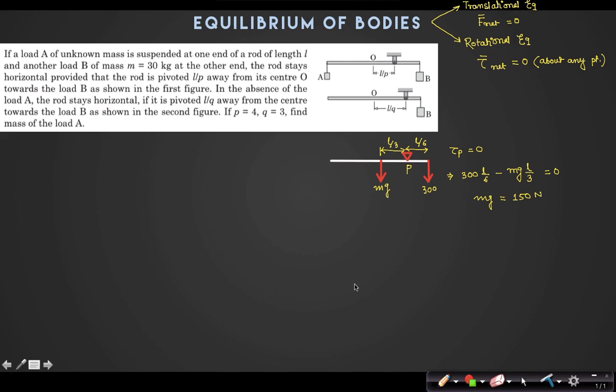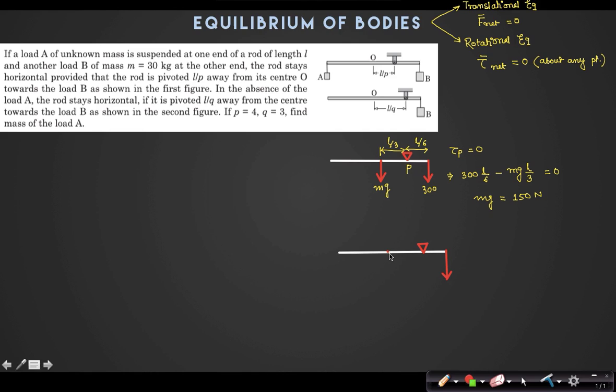Now come to the first question, first diagram. The first diagram has all the three masses, and the same weight 300 Newton. But it's not the same pivot point.